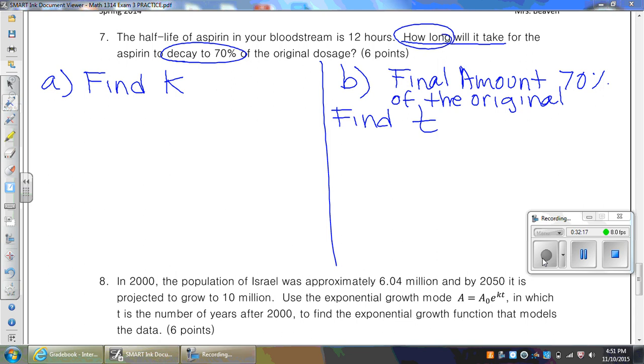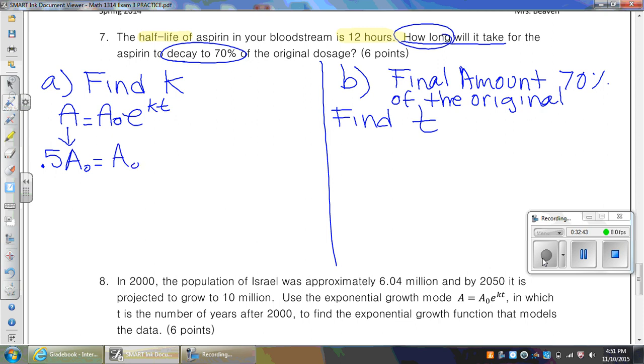All right, anyways, so we start with this model, which is final amount is equal to the initial amount times e to the power kt. We're finding k. Now, all we have is the fact that the half-life is 12 hours. So what we know is that the final amount will be 0.5 of the original.